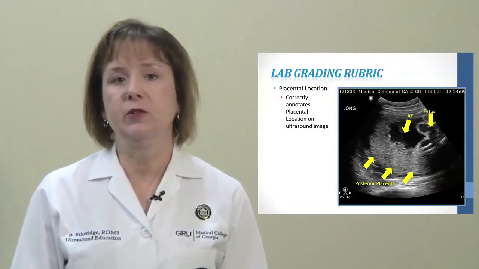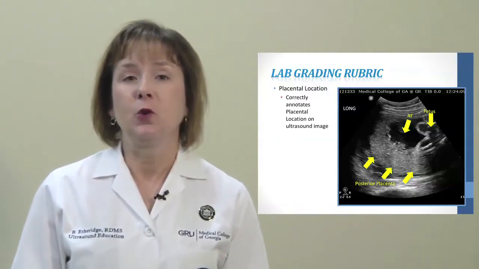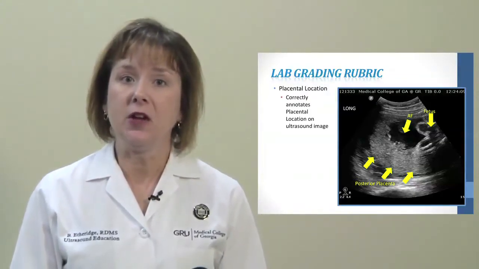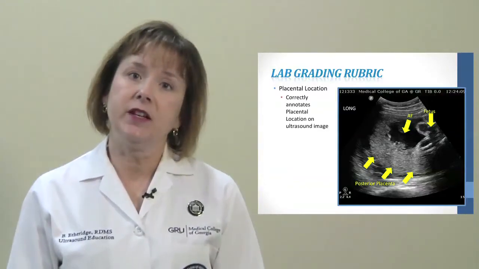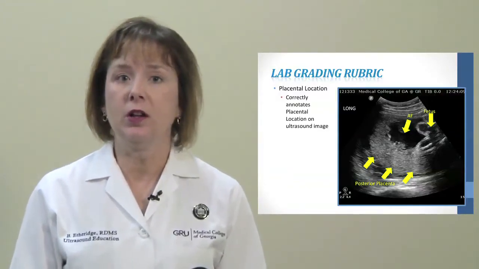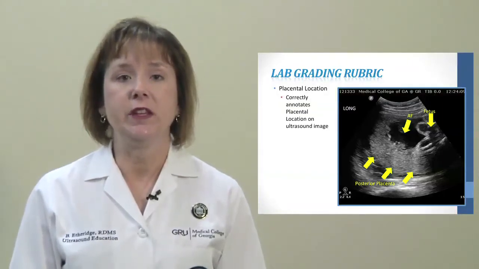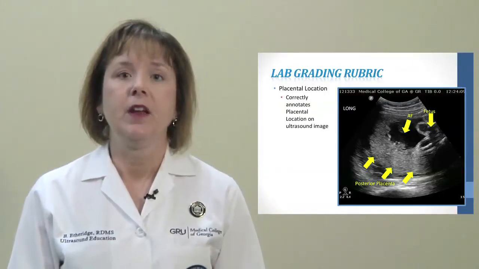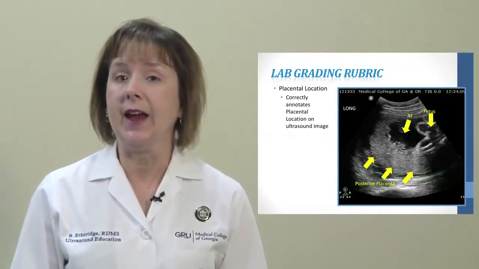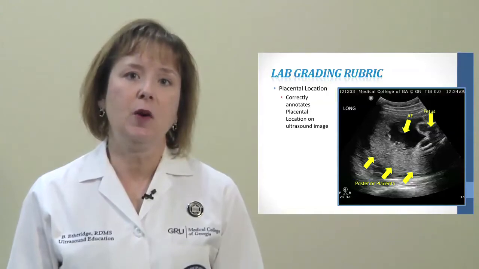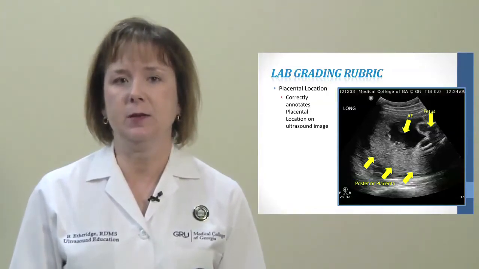It corresponds to the grading rubric item, correctly documents placental location on ultrasound image. You can see that the placenta is positioned on the posterior wall of the uterus as shown with the yellow arrows. There is also an anechoic pocket of amniotic fluid labeled AF and a small part of the fetus seen in this image.